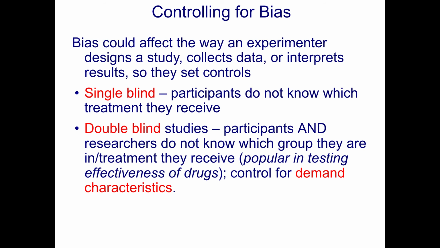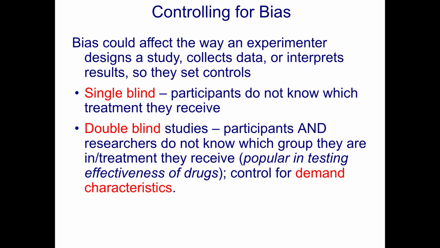The researchers who are most closely interacting with the participants don't know which participants are receiving the new drug and which are receiving the old drug or the placebo. Again, the goal of this is to control for demand characteristics. It's to control for experimenters giving any types of cues to the participants about how they expect them to act given the experimental group that they're in.